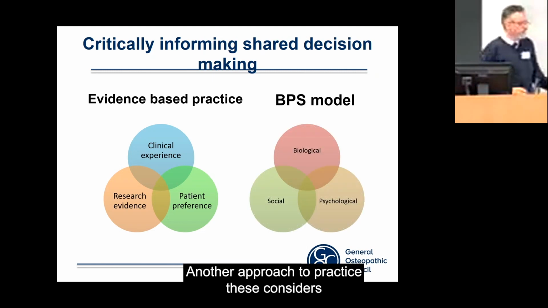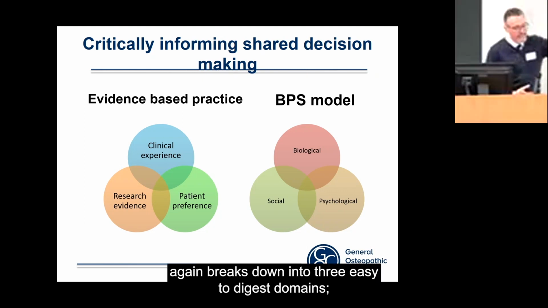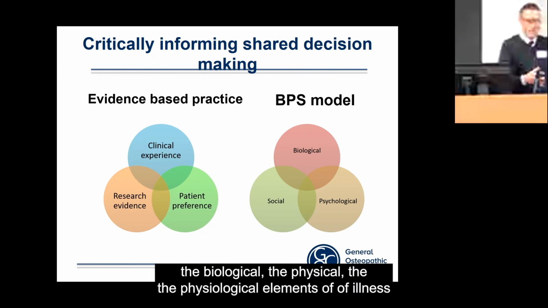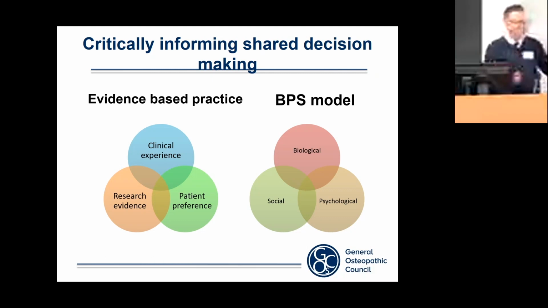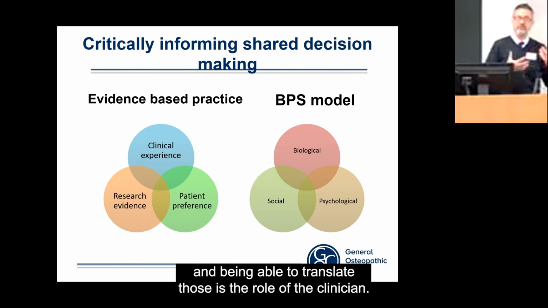Another approach to practice considers the biopsychosocial model. BPS stands for biopsychosocial, and fundamentally, again, breaks down into three easy to digest domains. The biological, the physical, the physiological elements of illness sit within this domain, and understanding those is the role of the clinician, and being able to translate those is the role of the clinician.